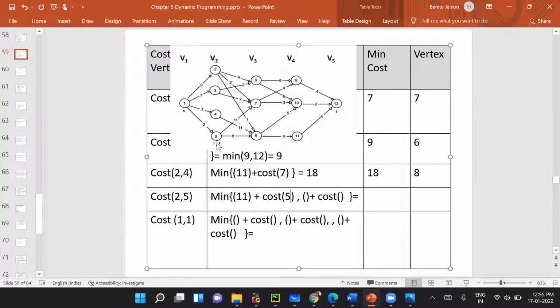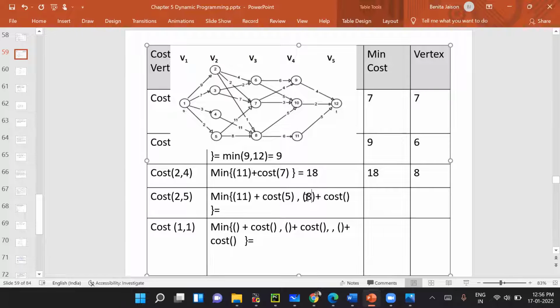Now, for the edge from 5 to 8, the edge cost is 8. And for vertex 8 from the table, the vertex cost is 7. So it is 16 for this one, and for the other it is 16 comma 15, right?